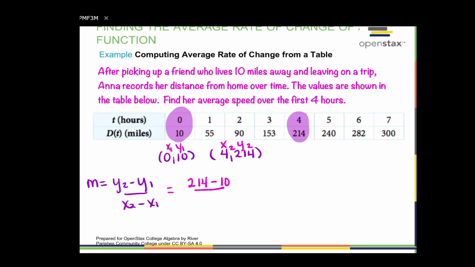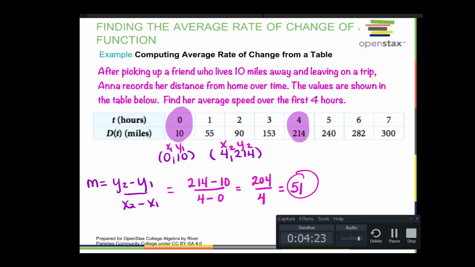On the bottom, we have x2, which is 4, minus x1, which is 0. So 214 minus 10 is 204, over 4 minus 0, which is 4, and 204 divided by 4 is 51. So the average rate of change is 51.